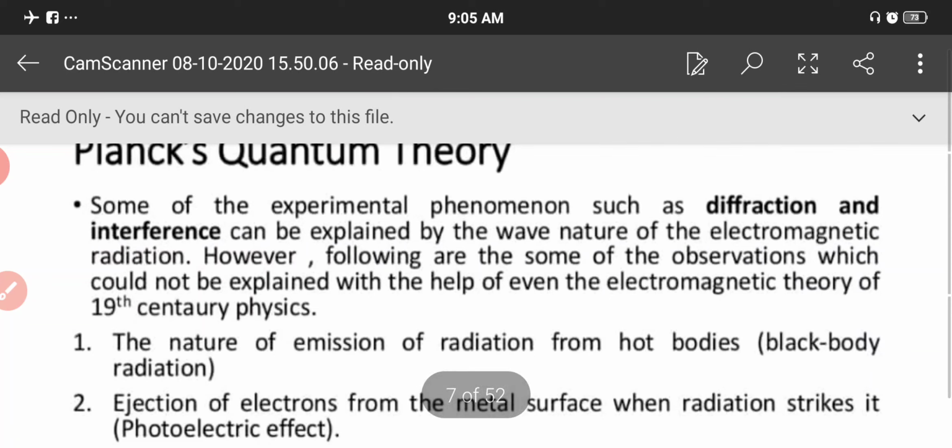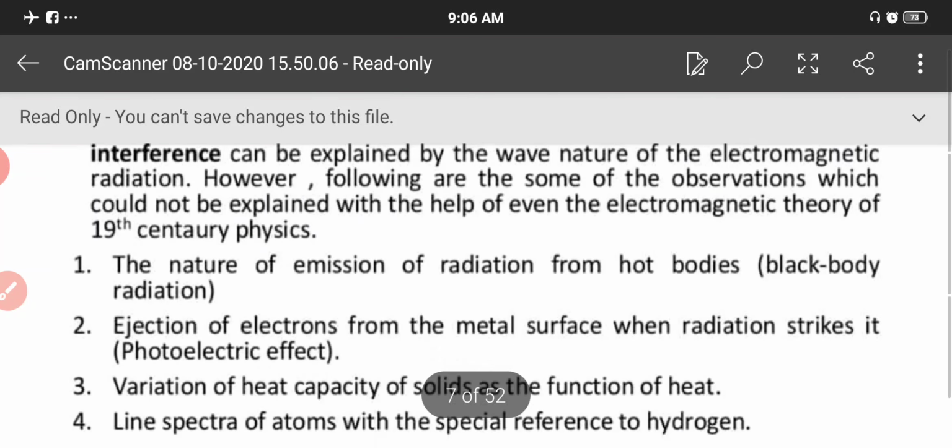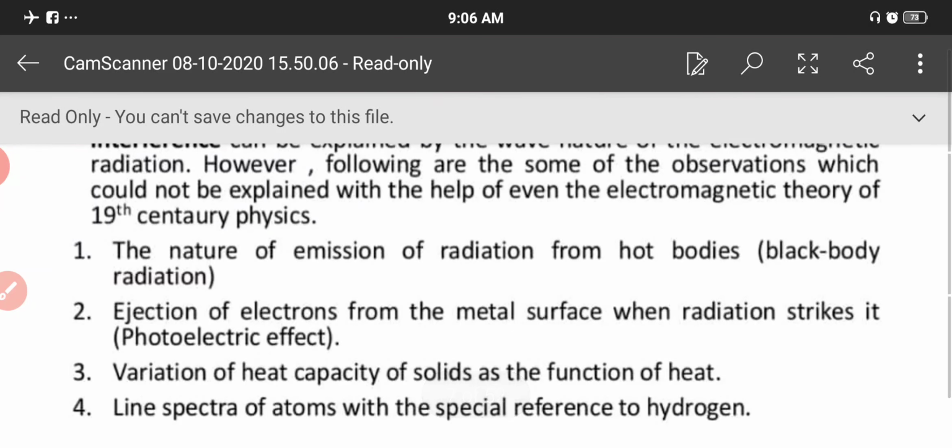Diffraction and interference can be explained by the wave nature of electromagnetic radiation. Here are some observations which explain the particle nature of electromagnetic radiations.